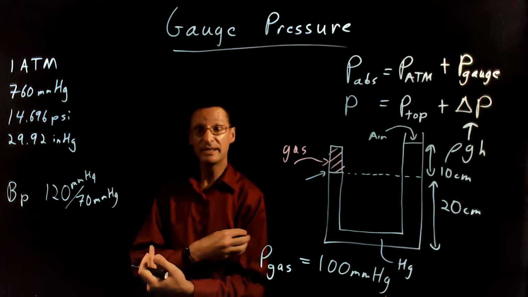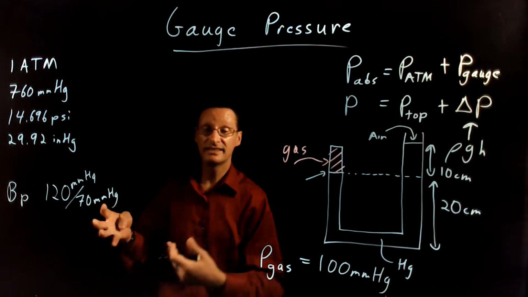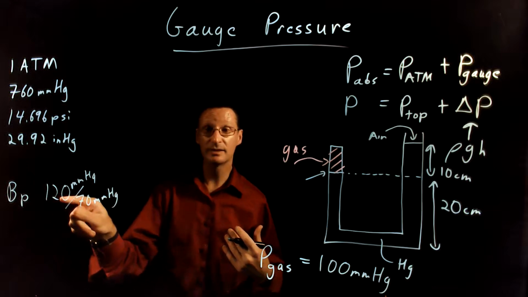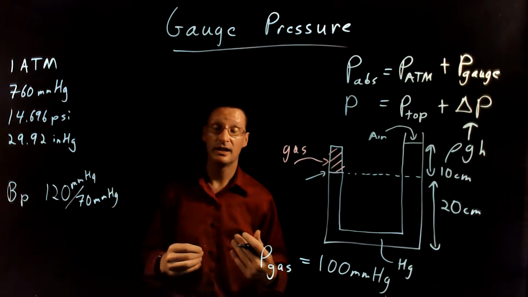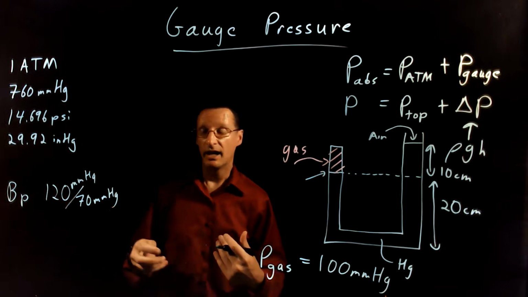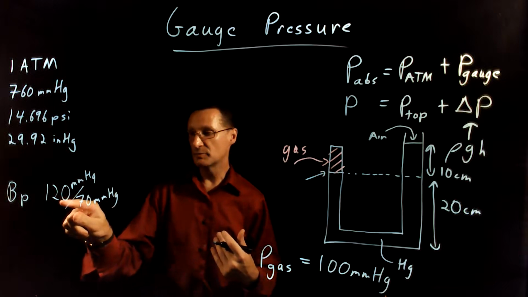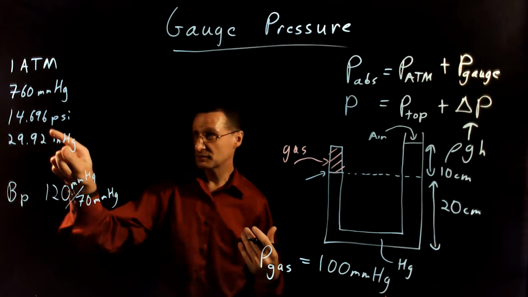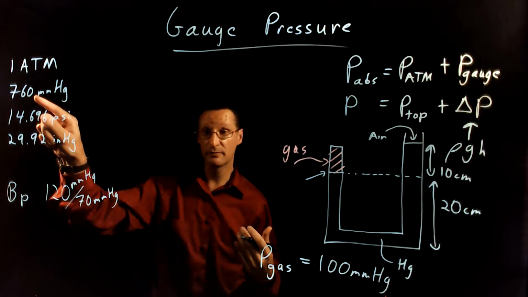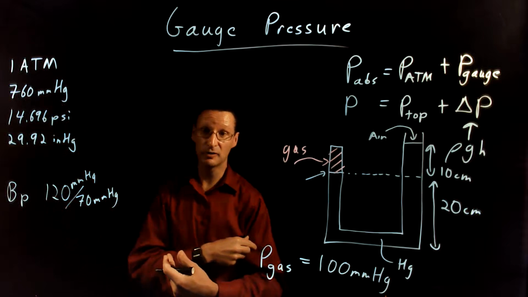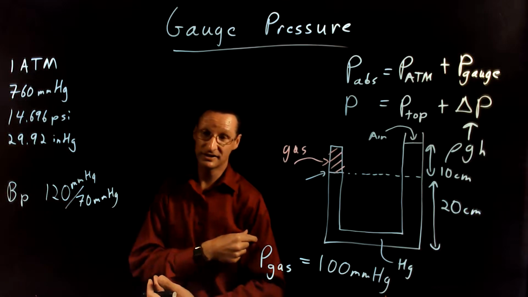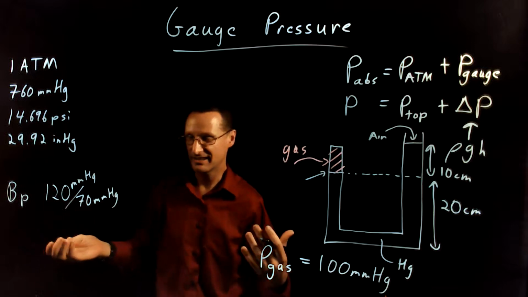So the pressure must be higher inside than it is outside in the air. So this is gauge pressure, the pressure above atmospheric pressure. If this instead were absolute pressure, 120 millimeters of mercury would be below 1 atmosphere of pressure. And that would mean that if I poked a hole in my blood vessel, air would rush in because it's lower pressure in there than it is out here. But of course, that doesn't happen.